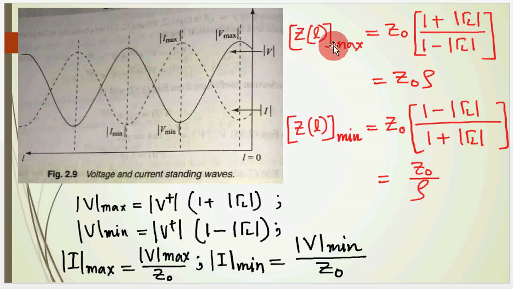So the maximum impedance is Z0 into (1 + |Γ_L|) by (1 − |Γ_L|). This is Z0 into ρ. And similarly minimum impedance is Z0 by ρ. So maximum impedance is Z0 ρ and minimum impedance is Z0 by ρ. For the lossless line, this Z0 is real, so Z0 ρ is also real, and the minimum impedance is also a real quantity.